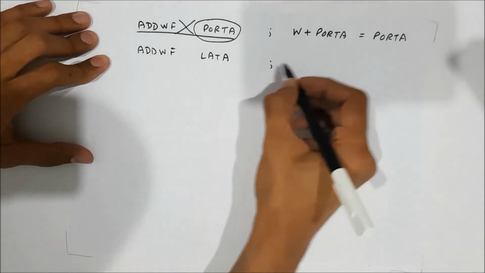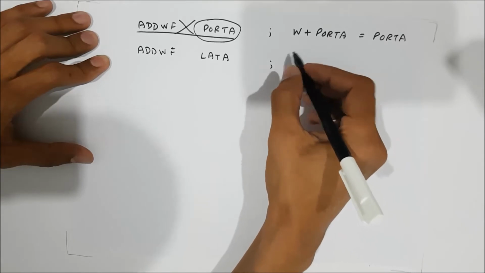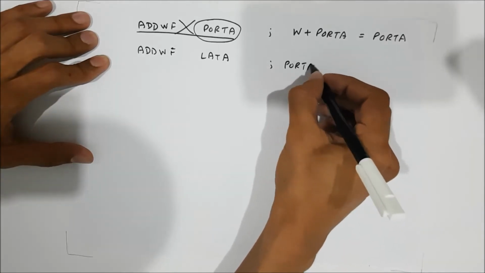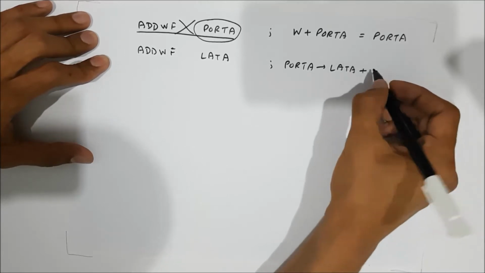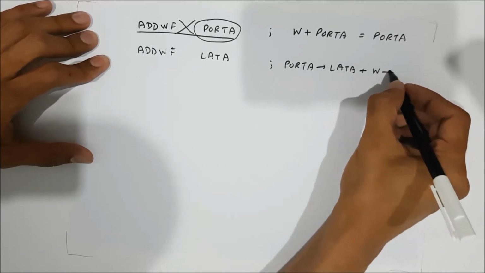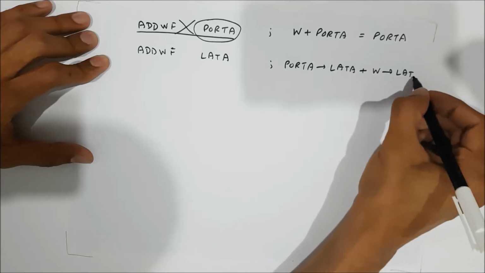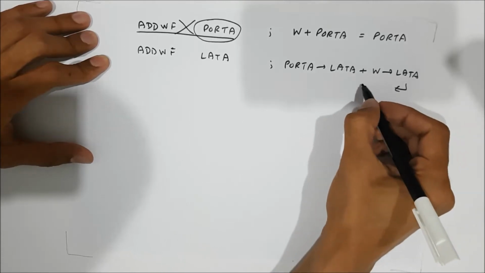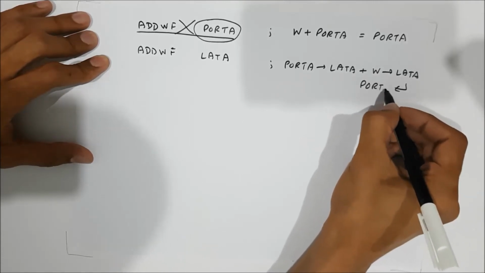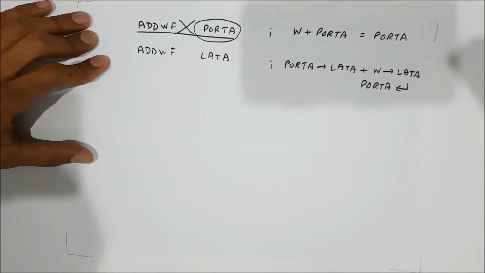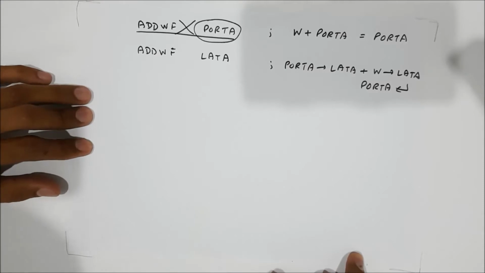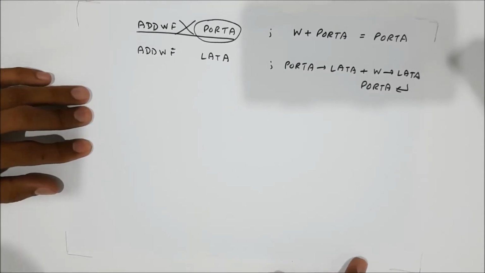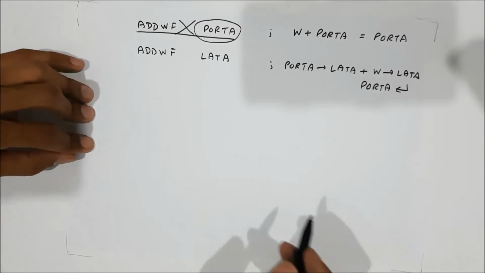So what this will do is, it will copy the contents of port A into LAT A, then it will add W register with it, it will move to LAT A, and that will be copied back to the port A. So using the latch register will let you perform read, modify, write operations in runtime on a port.